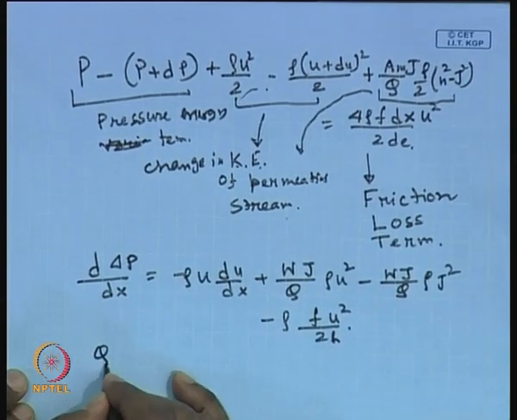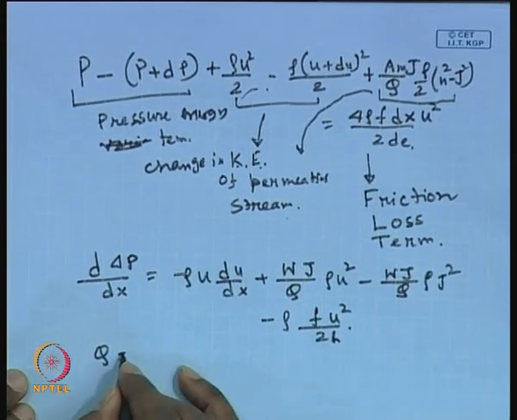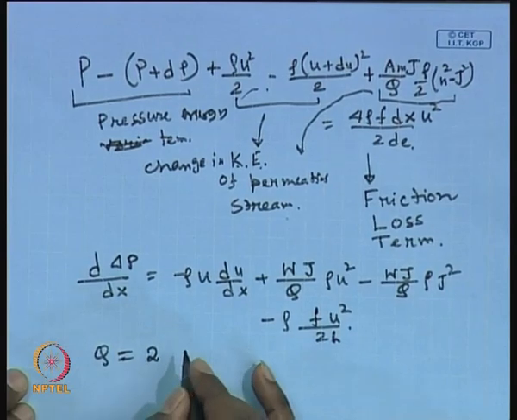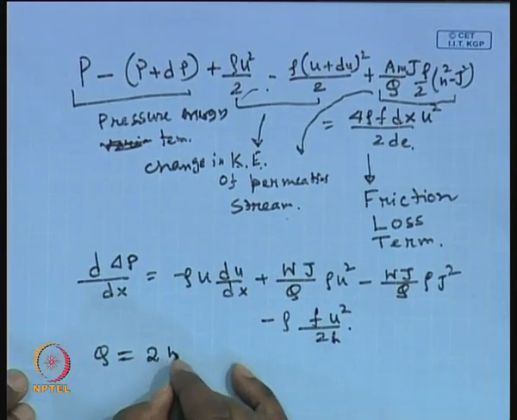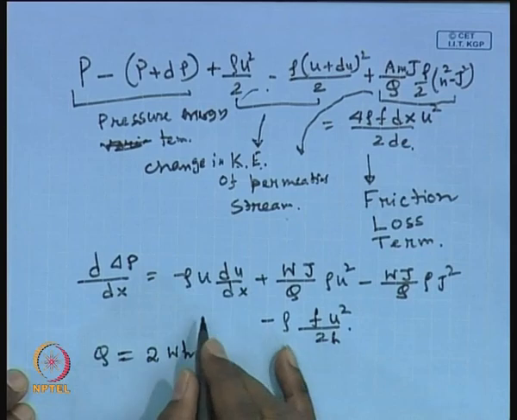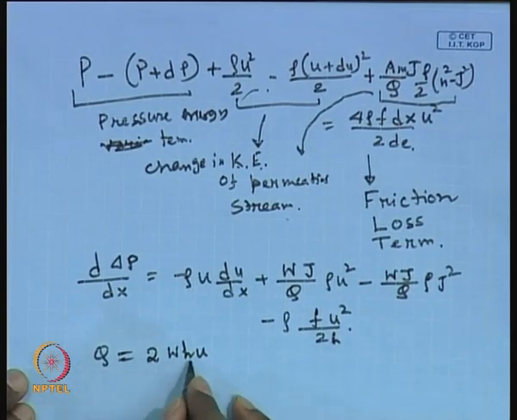W is the width of the module or the channel, Q is the flow rate, where Q is nothing but 2 Wh times u. 2h is basically the full height, W is the width, 2W h is nothing but the normal cross section against the flow, u is the velocity. So, this becomes the flow rate, okay, and f is the friction factor.